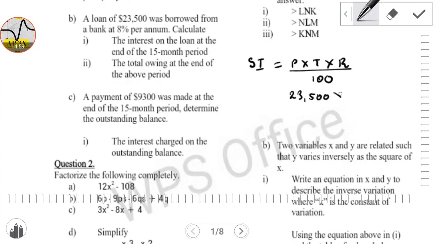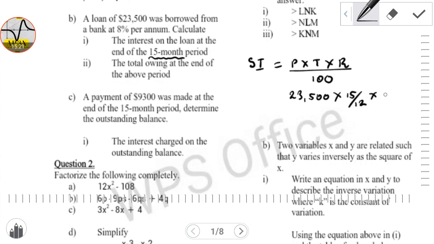23,500. The time here is 15 months, and this is what I used to catch quite a few of my students. They completely forgot that the interest is given per annum. So we have to convert 15 months into years. That would be 15 divided by 12.